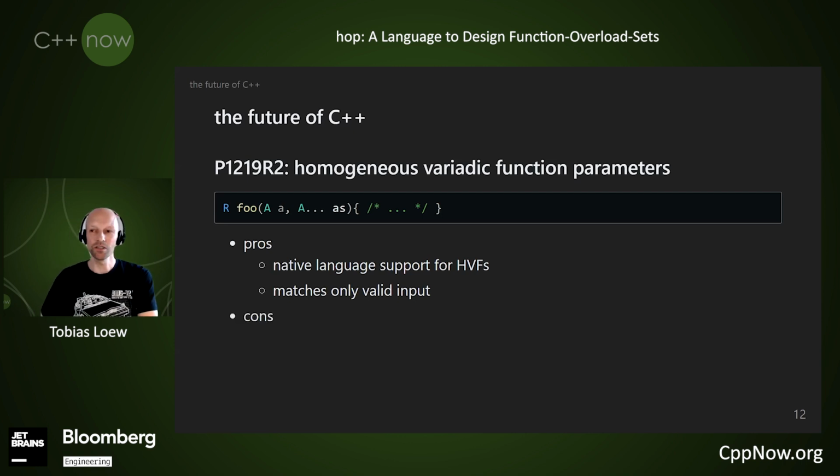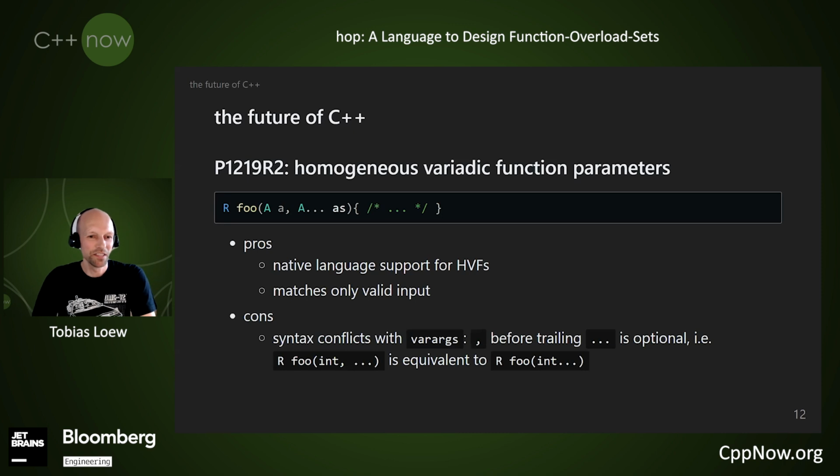But on the con side, this syntax conflicts with var args. And the reason is that the comma before the trailing ... in a var arg function is optional. So this is something that was also new for me.